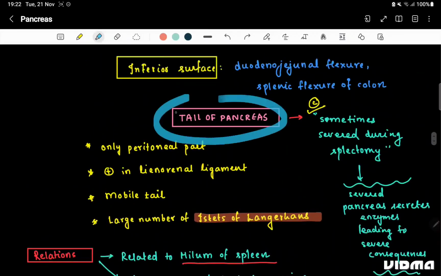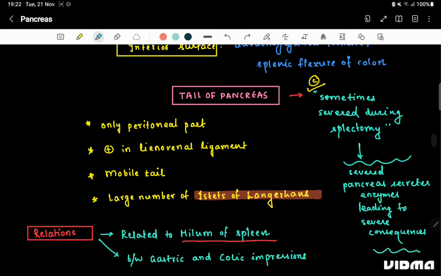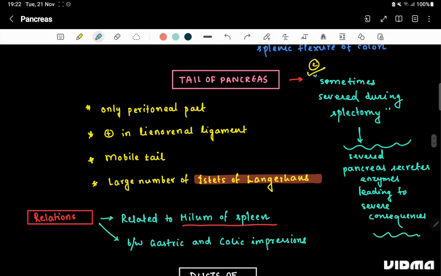Let's talk about the tail. The tail is sometimes severed during splenectomy. As the tail is present in the hilum of the spleen, it is related to the hilum of the spleen, so it is sometimes cut during splenectomy. A severed pancreas secretes enzymes leading to severe consequences.